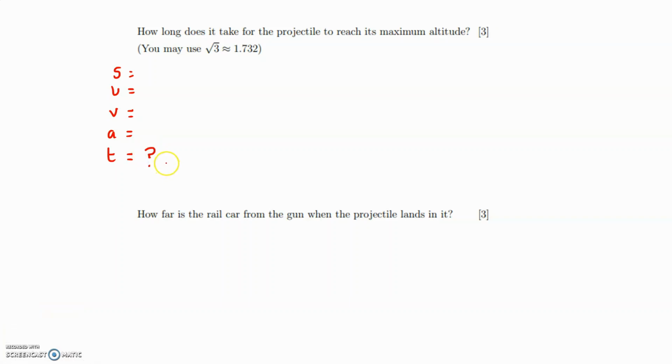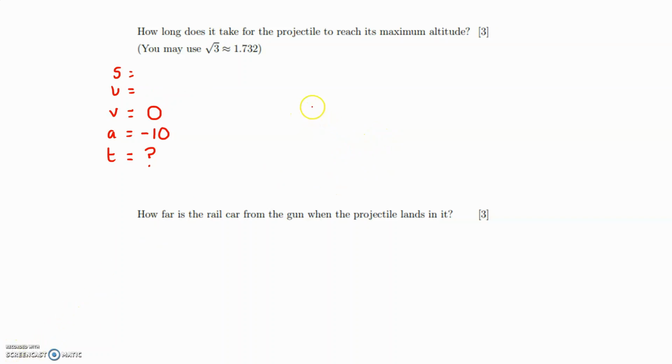At its maximum height, its vertical velocity will be 0, and the acceleration is the acceleration due to gravity, which is acting in the opposite direction, so we say that is -10. We don't know what the maximum height is, and so we need to work out the vertical component of the launch velocity.